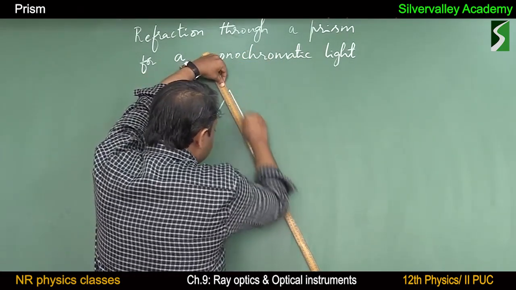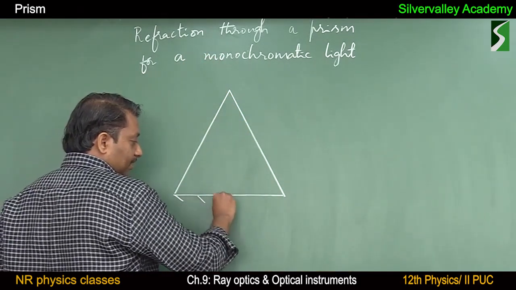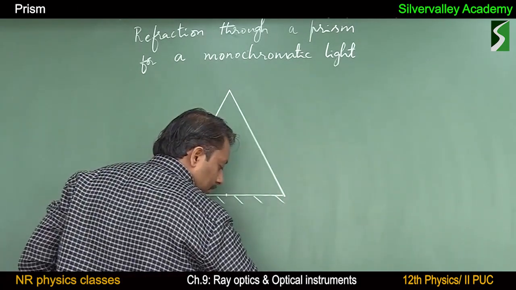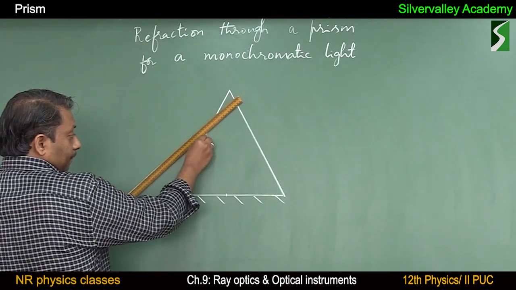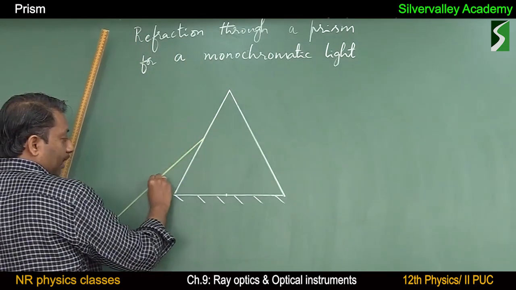Two refracting faces. This is base. Base is shaded properly. Let this be an incident ray. So this is incident monochromatic light.